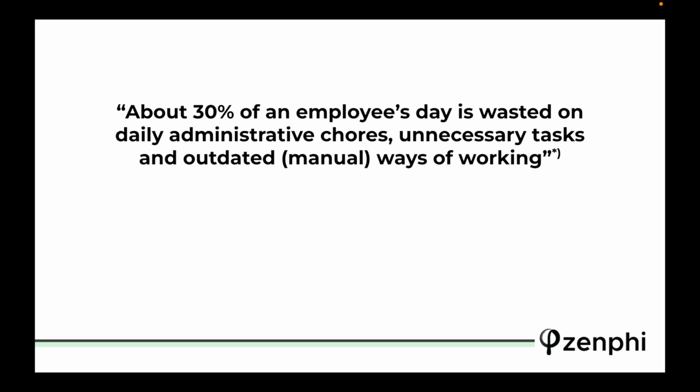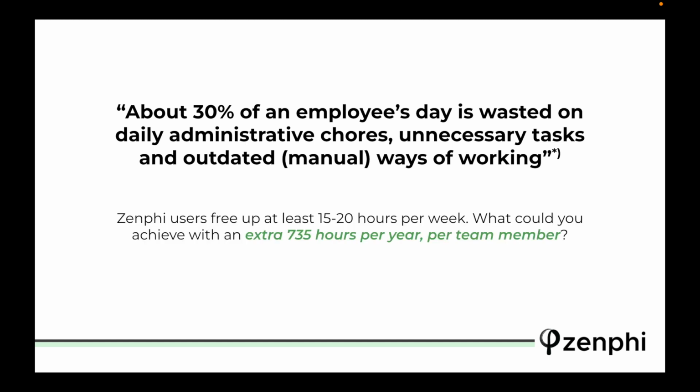More than 5,000 employees were interviewed about their time allocation during a typical working day, and that was their answer. But we know firsthand that with automation, Zenphi users free up at least 15 hours a week. Just imagine how much more you and your team could achieve with an extra 700 hours each year.